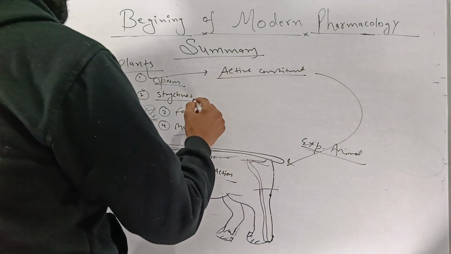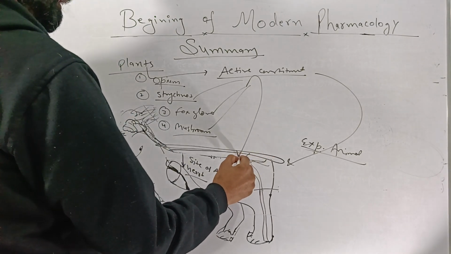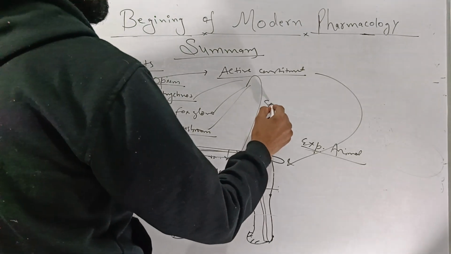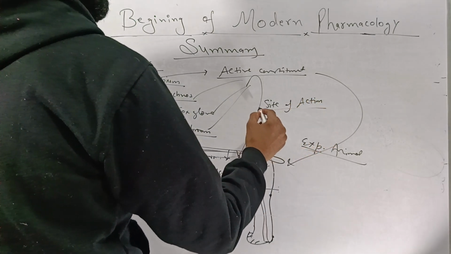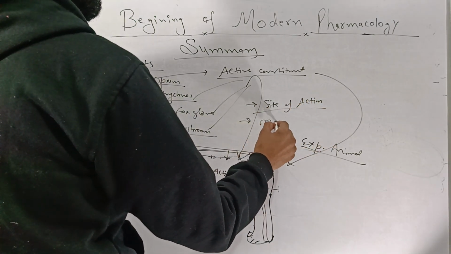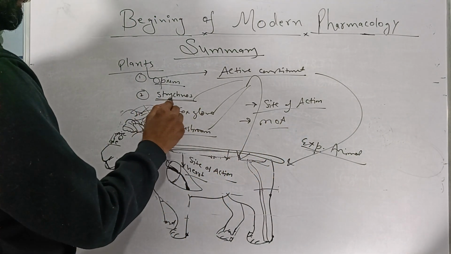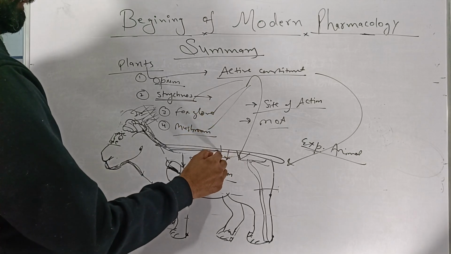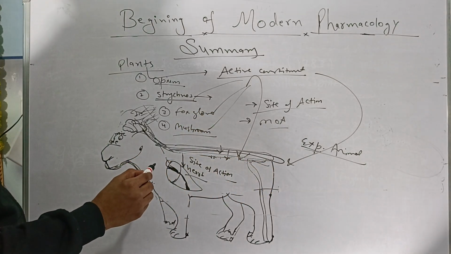The active constituents of these different plants were injected into animals to find out their site of action as well as their mechanism of action. For example, the strychnine compound was injected to find out its site of action, that is the spinal cord.